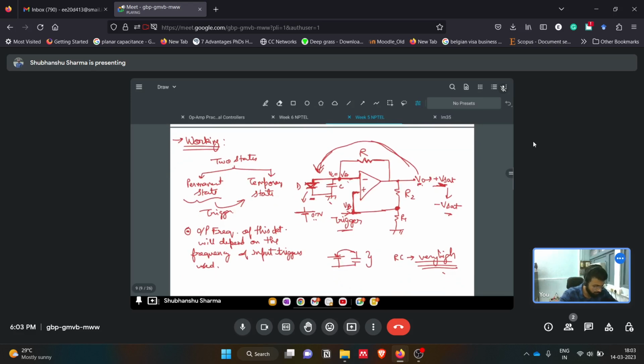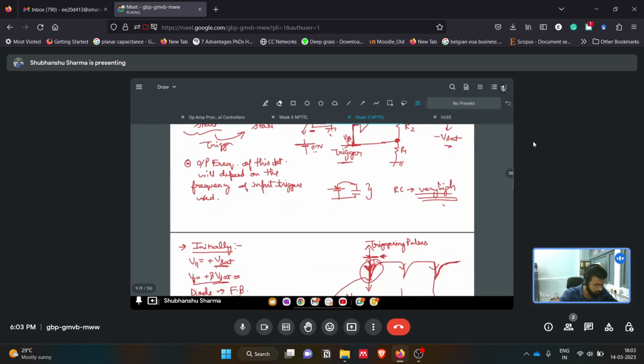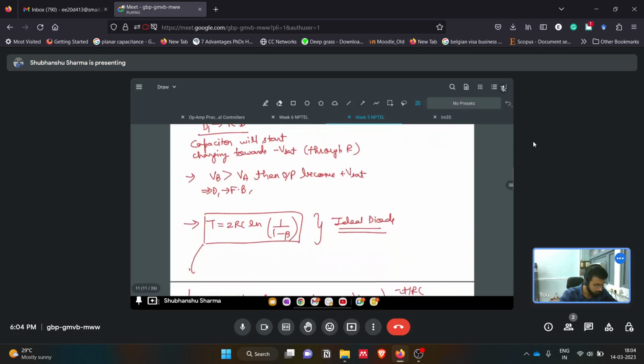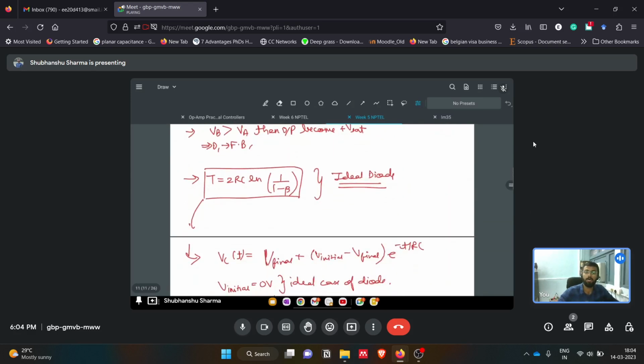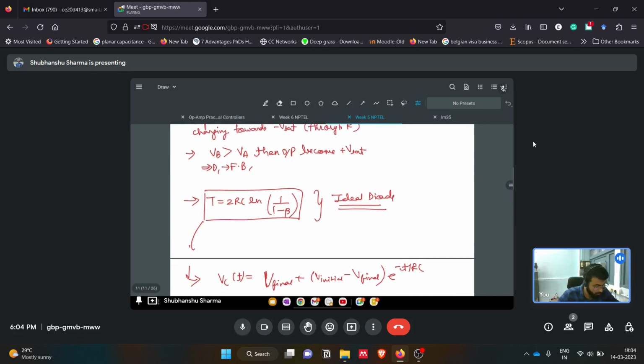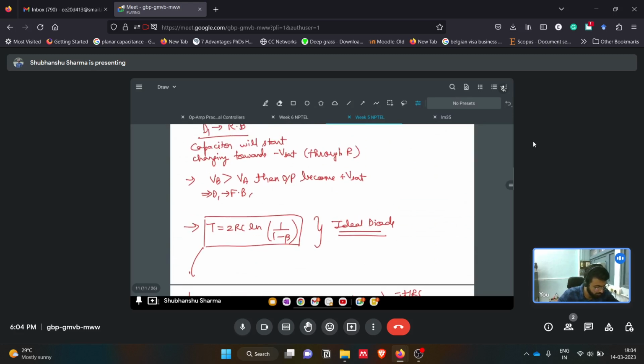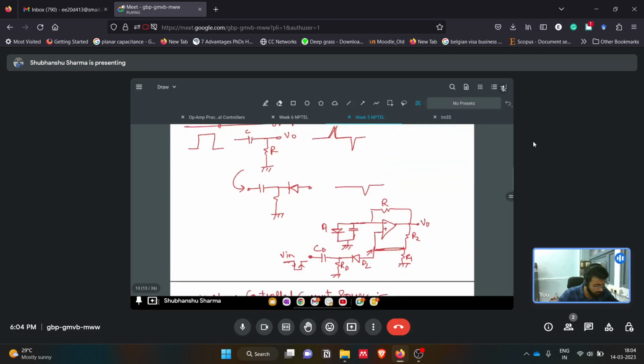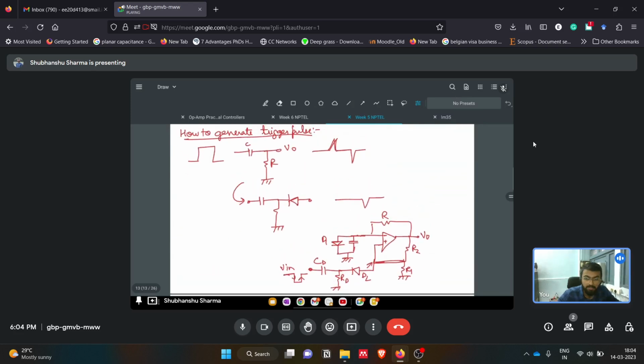Then we talked about its working and realized different waveforms for that. We also derived the discharging time, charging time, and the total time, but we considered ideal diode conditions. And then we also talked about how we generate this trigger pulse.